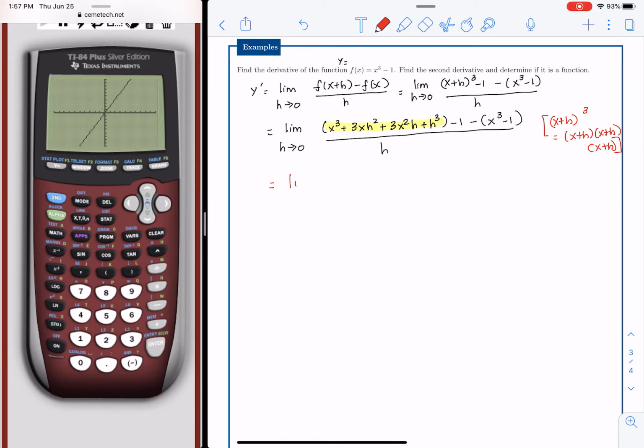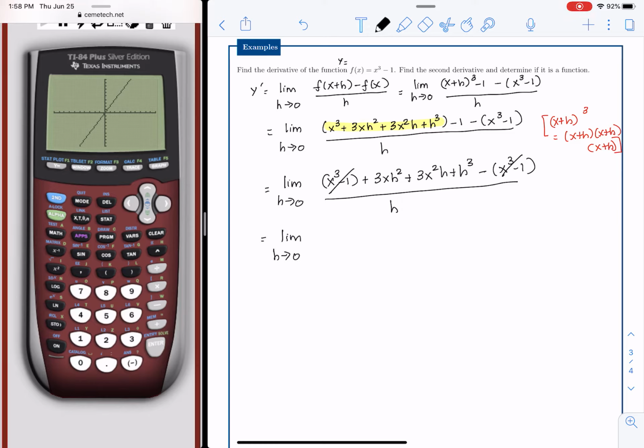I'm going to do a bit of rearranging. x cubed minus 1 plus 3xh squared plus 3x squared h plus h cubed minus x cubed minus 1, divided by h. Those two would go away. We have the limit as h approaches 0 of 3xh squared plus 3x squared h plus h cubed, divided by h.